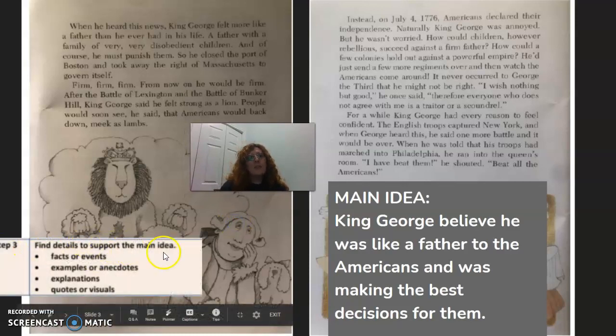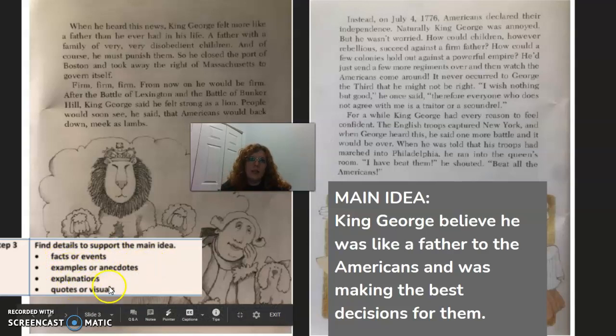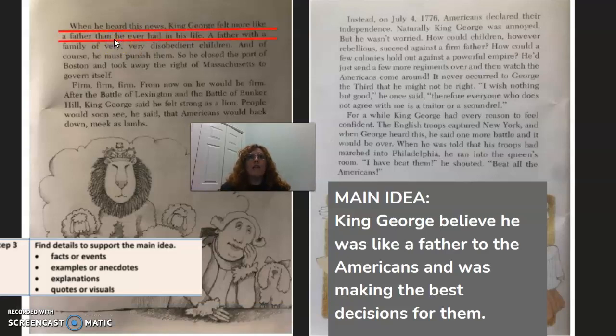Find details that support my main idea. I'm going to look at facts or events, examples or anecdotes, explanations or visuals, or quotes. I just read these quotes that he felt like a father more than ever in his life, and that they were very disobedient children.